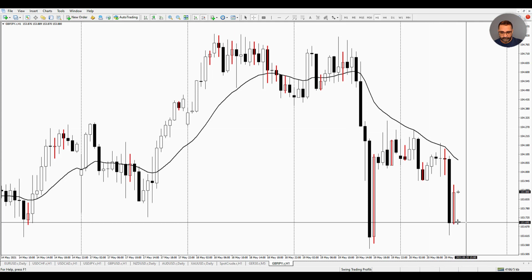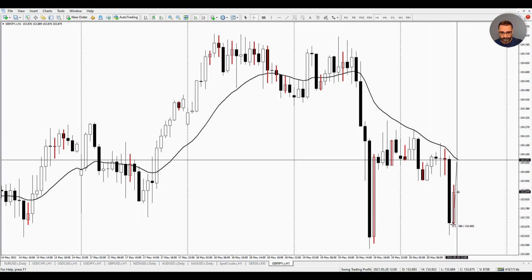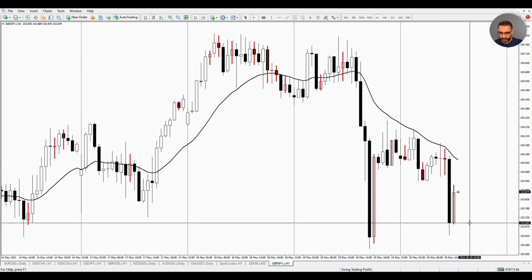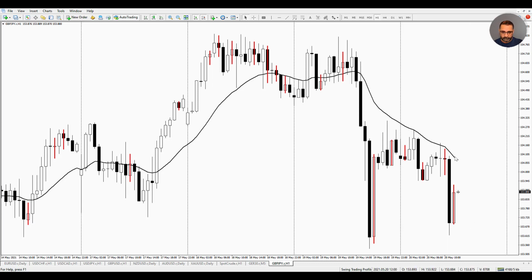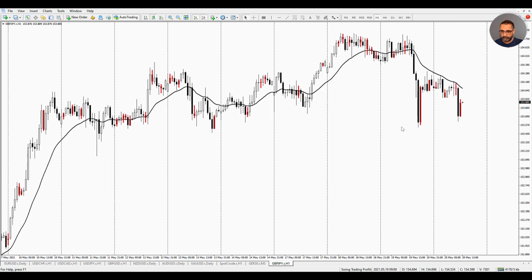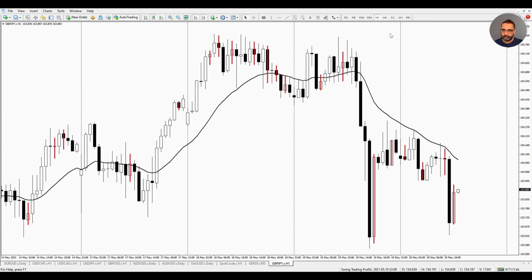To spot the famous bar on hourly, how far do you go back to validate the range? Do you go to yesterday's range and make sure the famous bar you see today is out of yesterday's range, and it's good to go short or long? Is that how you validate?